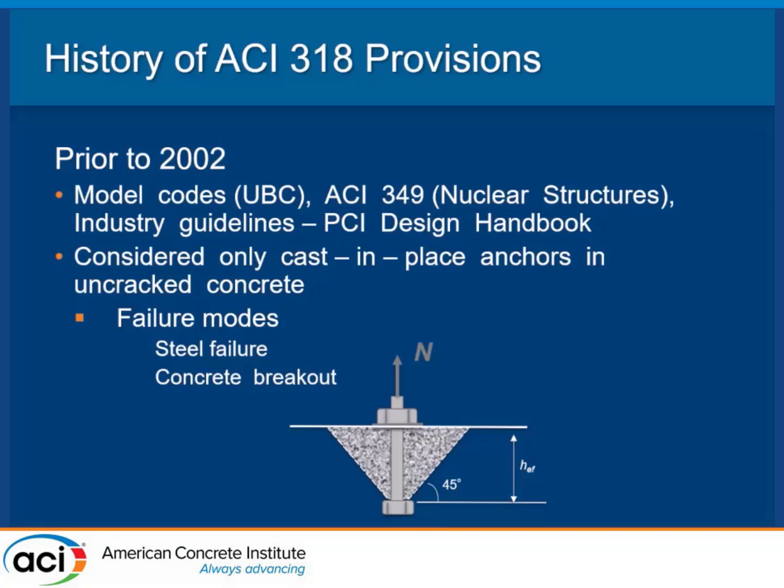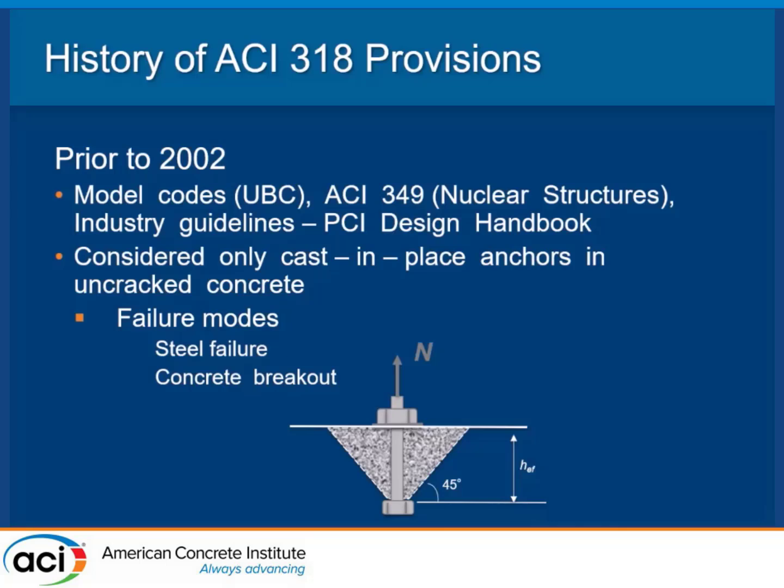And the key thing here is, first of all, they used a 45-degree concrete breakout cone, and they only looked at two failure modes, and that was concrete breakout and the steel failure, and they assumed your concrete was not cracked. So that was the state of the industry coming up to 2002.